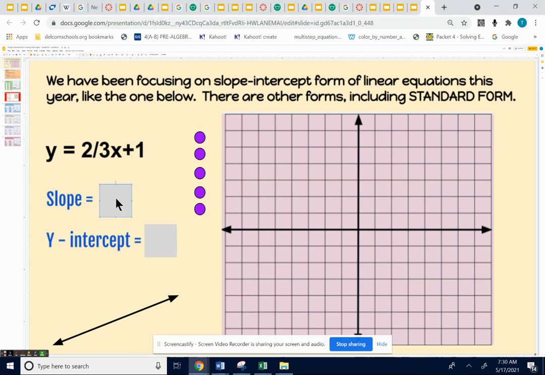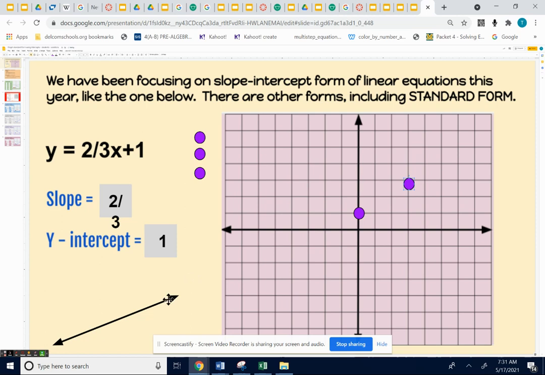If I wanted to graph that, you guys are experts at this. You would take the 2/3 slope and the y-intercept 1 and use that to graph the line. You could find the y-intercept 1 first on the y-axis. Then you would use the slope 2/3 to travel from that y-intercept of 1 to go up 2 over 3.